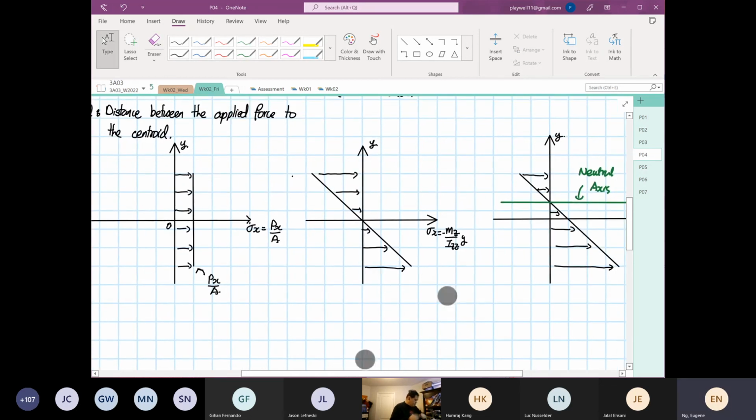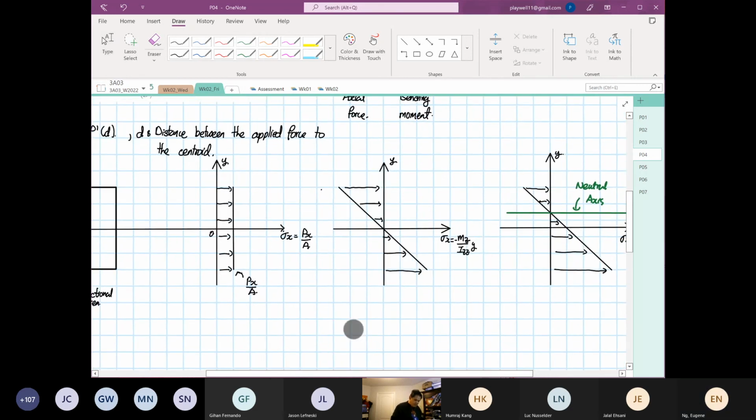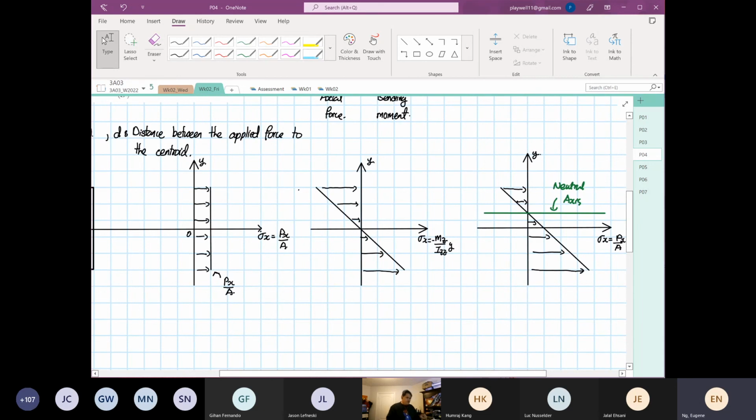Before I let you go, I have another 2 minutes of your time. Which one will induce a higher stress, the axial loading or the bending moment? Anyone?